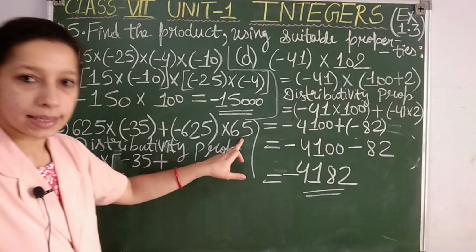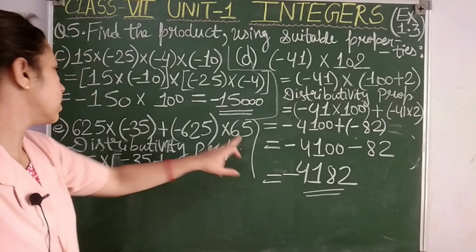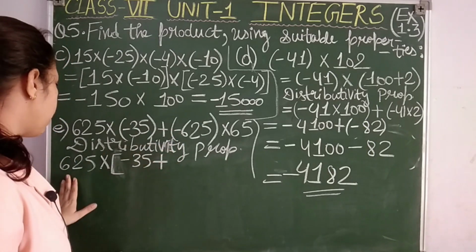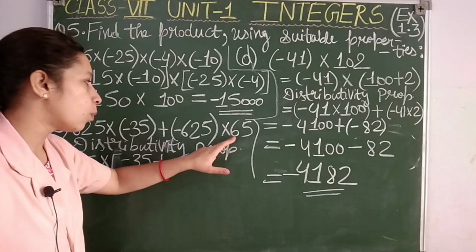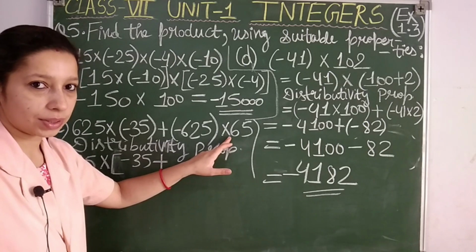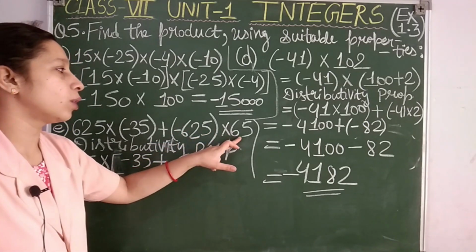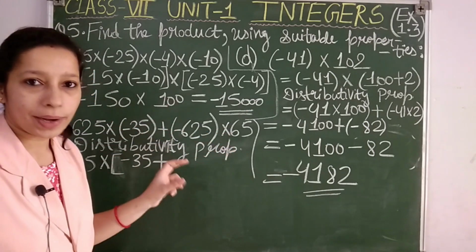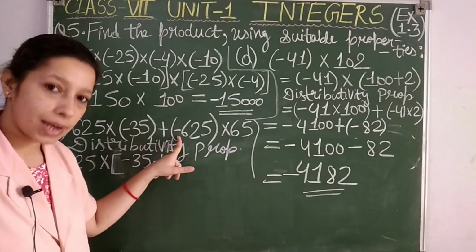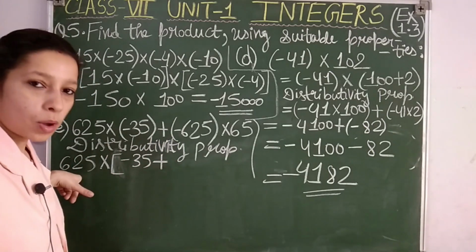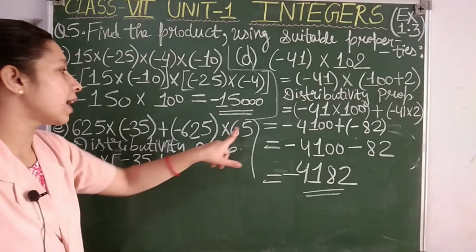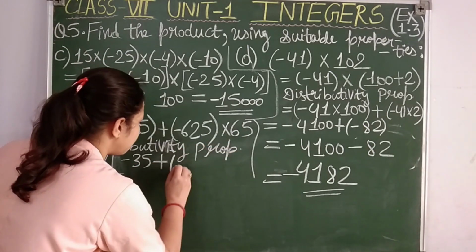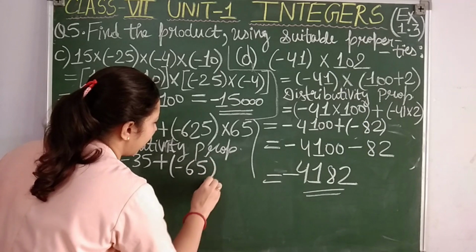Now you are going to write 65, but see students, here with 625 it was minus, but we have taken a positive 625, and as both of these are in multiplication with each other, this minus sign you are going to write with 65. Why? Because when you multiply these two only, the result will be negative, but here 625, which was a negative integer, we have taken as a positive integer, so this negative sign will come with minus 65 students. Okay, so let's write it, minus 65.